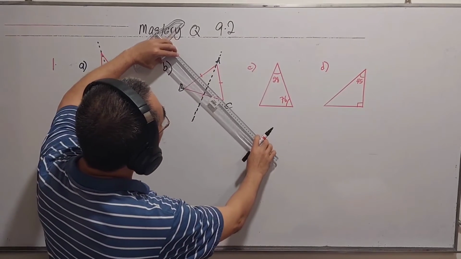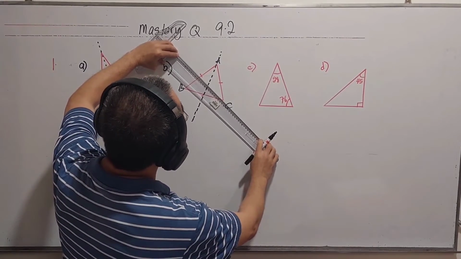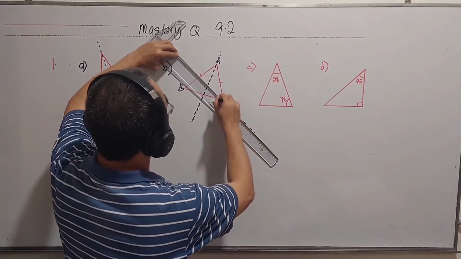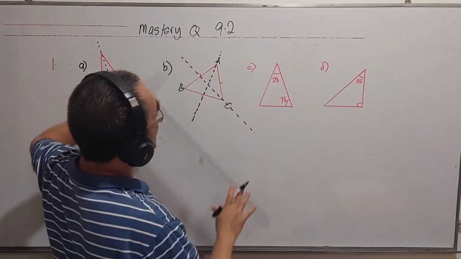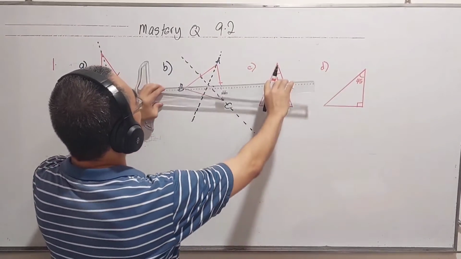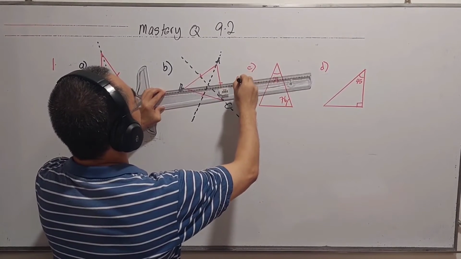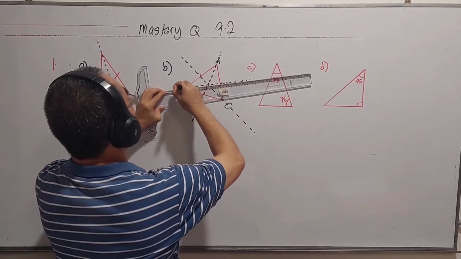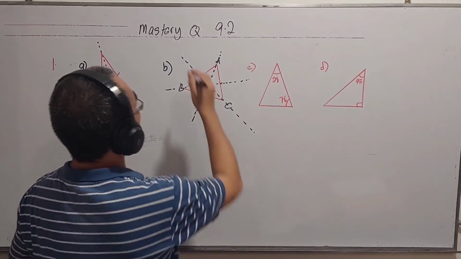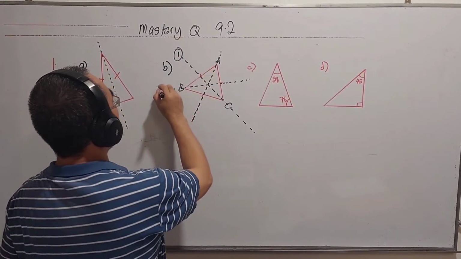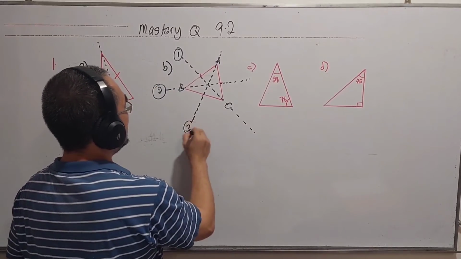From C to the middle of AB. And from B to the middle of AC. We have one here, two here, and three here.